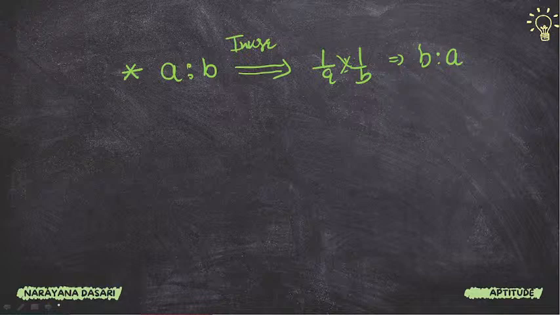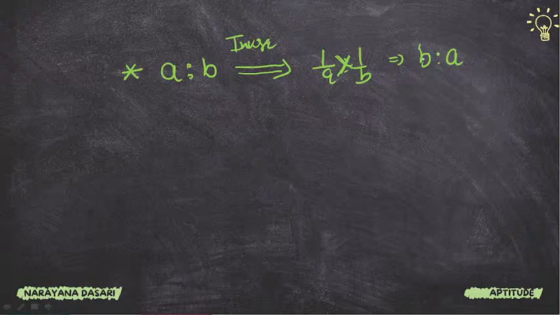The inverse ratio of A is to B is 1 by A is to 1 by B. So just cross multiplication, then B is to A.